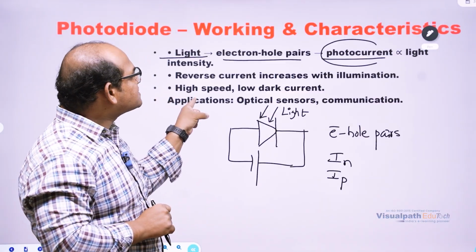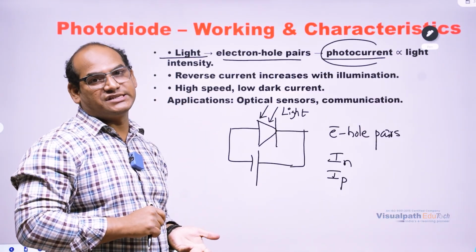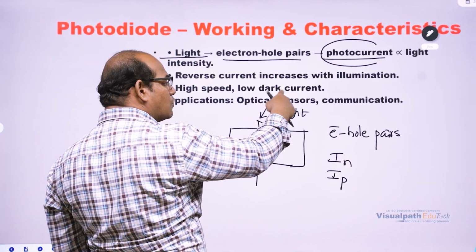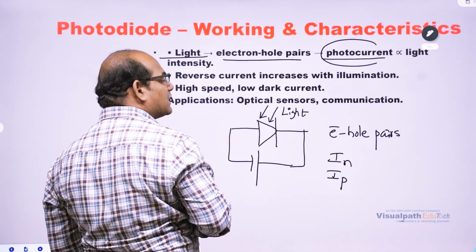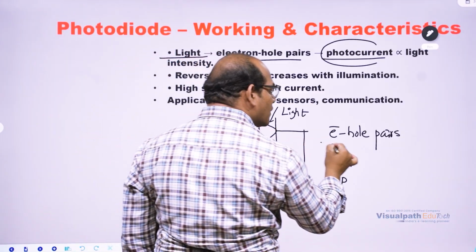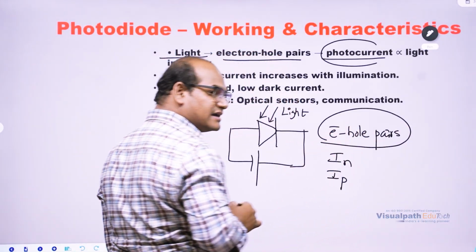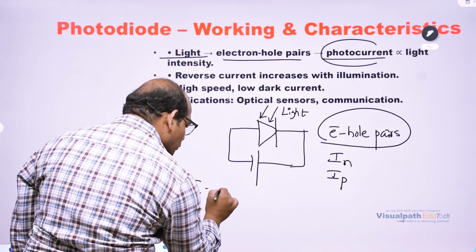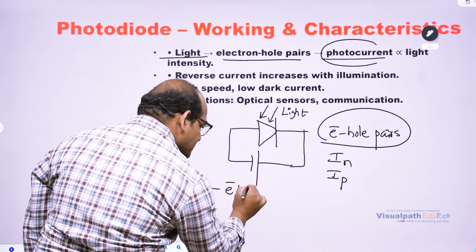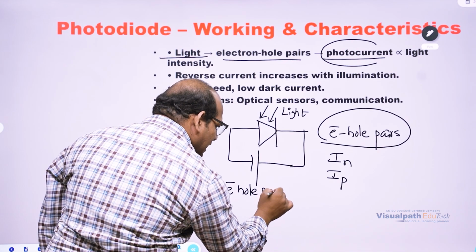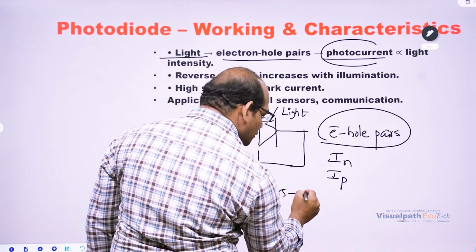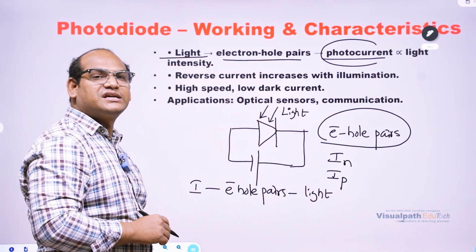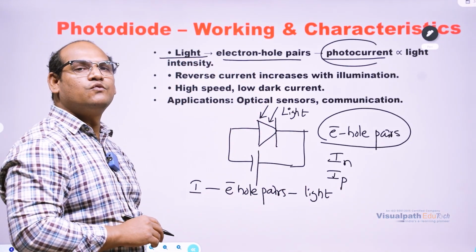Now, the reverse current increases with the illumination. That is what we are saying here. Based on how much light you incident on the photodiode, that many electron hole pairs will be created. So simply we can say current is related to electron hole pairs, and electron hole pairs are related to the amount of light incident on the junction, that means the depletion region of the photodiode.